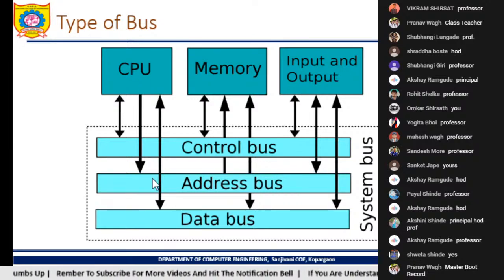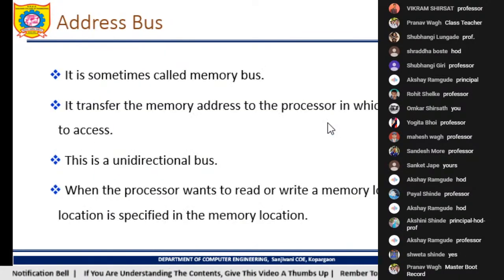It will send an address using this address bus to the memory, and memory will send data to the CPU. Memory won't send an address back to the CPU, it will only send the data back. So the CPU will just request, I want data from either memory or input output. That's why the address bus is unidirectional, one directional only. Are you getting me, everyone?